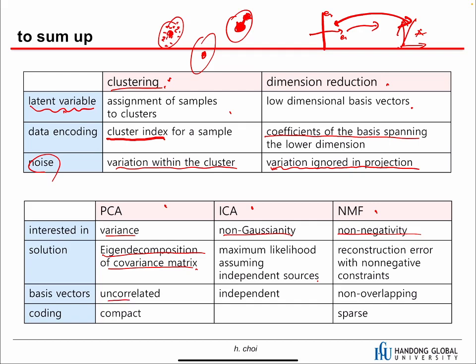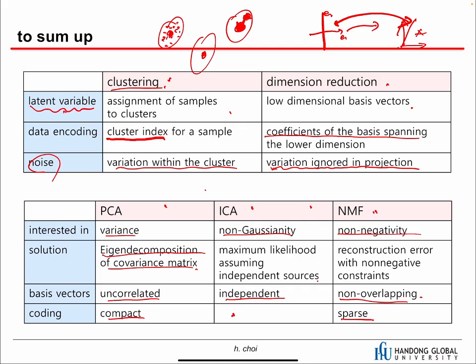The basis vectors are uncorrelated, independent, and non-overlapping. The coding is compact and sparse, and ICA is somewhere between compact and sparse. Roughly speaking, it is a kind of sparse coding, but NMF is sparser than ICA, so I don't know how to categorize this one, so it's just empty now.